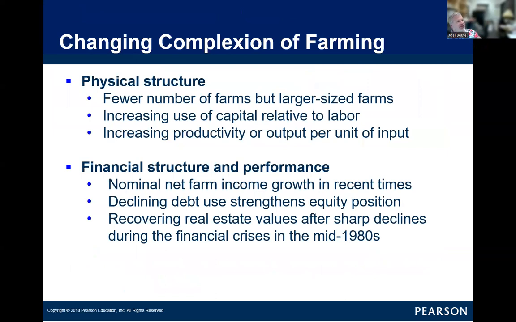So the changing complexion of farming: we have physical structure. There are fewer farms, but they're larger in size, right? And so we actually might have more land under tillage in the United States. In fact, I believe we do, but we have fewer farms representing that land amount.